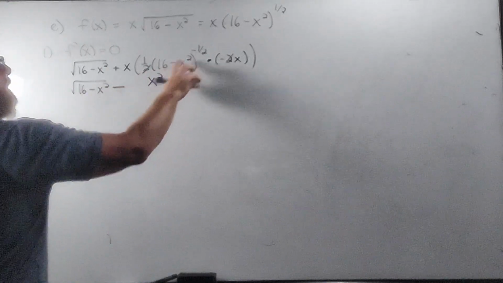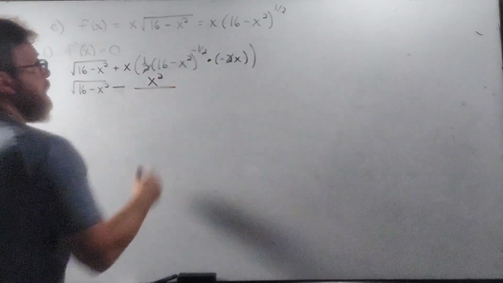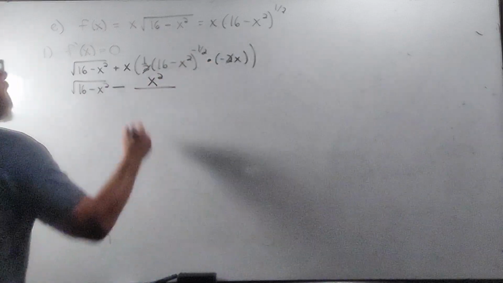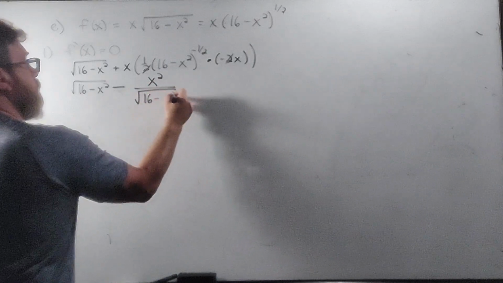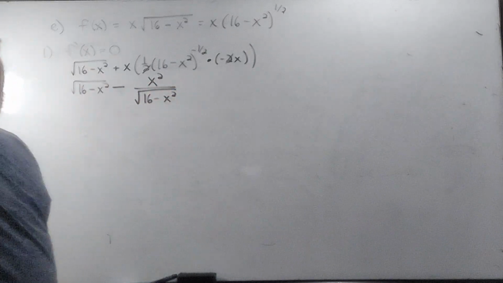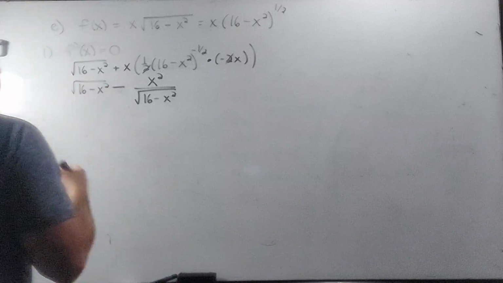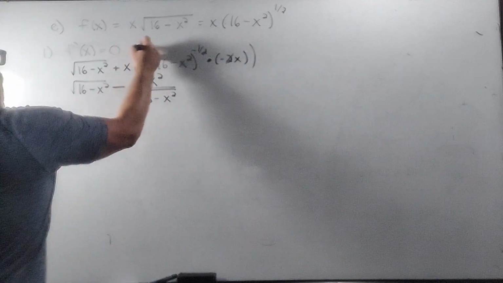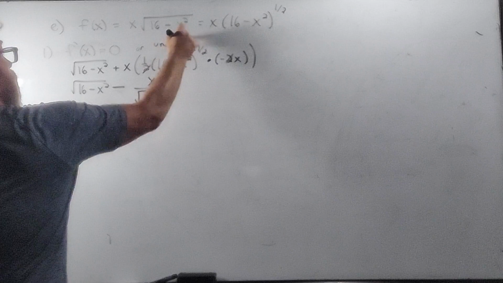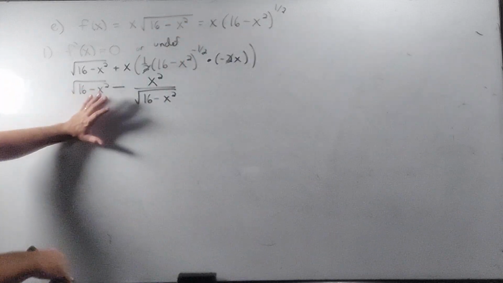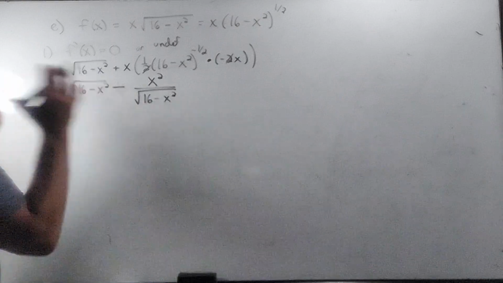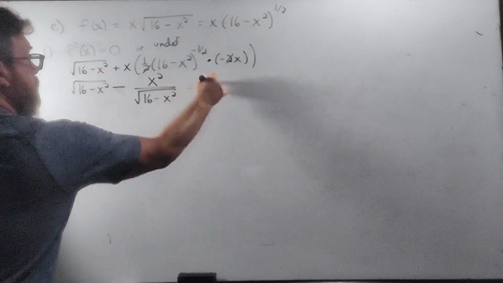And since this has a negative power, it means it's in the bottom, and a 1/2 power means square root. So I have a radical on the bottom of 16 minus x squared. Which actually means this thing is going to be undefined as well. So I get to write or undefined. Now, in order to figure out whether this is equal to 0 or undefined, I'm just going to keep saying 0 right now.